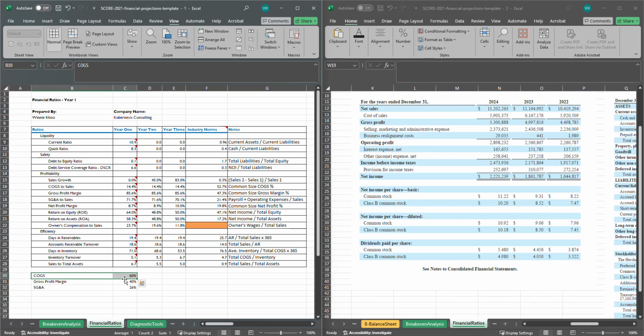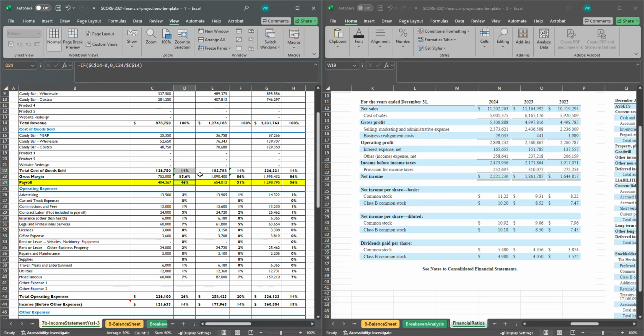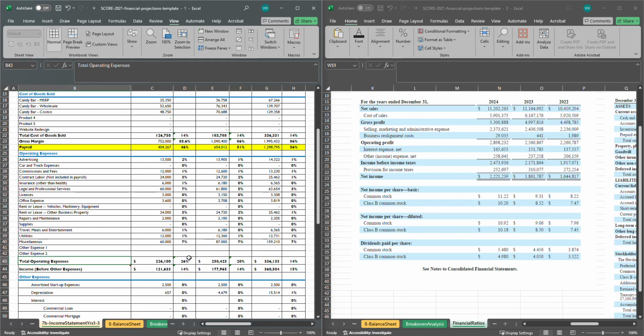So to have a fair comparison, the COGS for my business would be roughly 60%, gross margin would then be 40%, and SG&A, which is essentially the operating expenses here, is 26%.